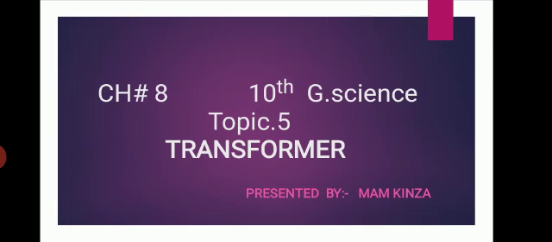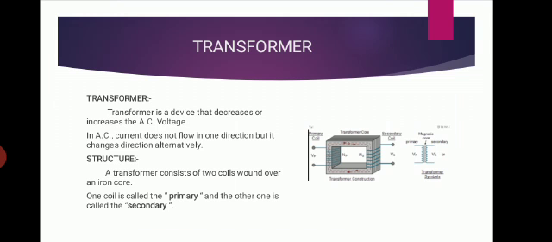Now we are going to start a new topic, that is transformer. What is a transformer and its function? Basically, a transformer is a static device. It transfers electrical energy from one part of the electronic circuit to the other part of the circuit without changing its frequency.